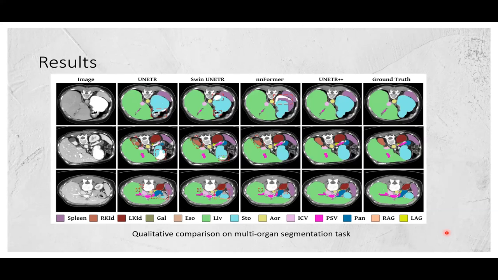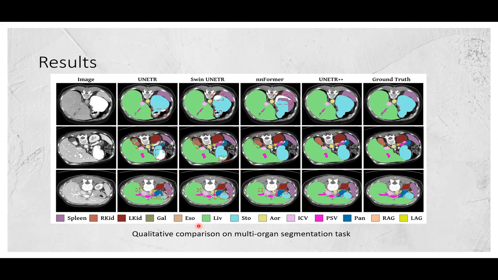Here you are looking at some qualitative results, so that we get a sense of the output image that each model is producing, and how they compare to each other qualitatively.